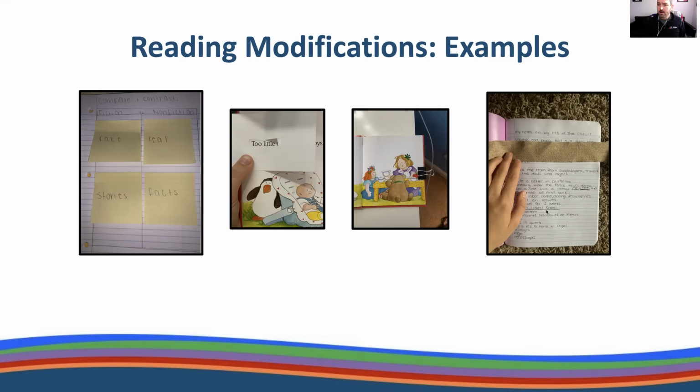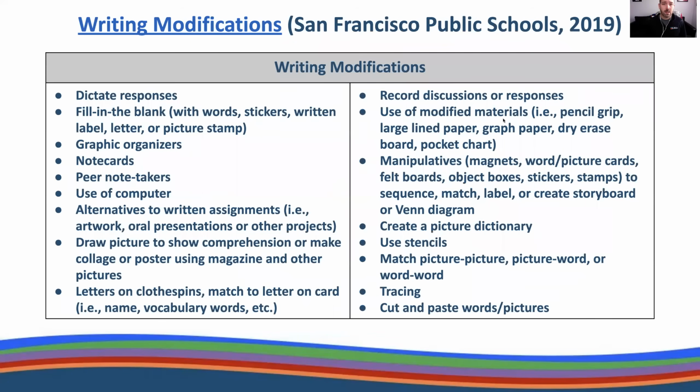On this image on the far right, you have notes from class, and then they're using a ribbon as a bookmark to just slowly go down and see the text. So again, it's not too overwhelming with as much text on one page. So very simple. These can be made with things from around your house in a modification bag. So these are just some ideas of things that you can do to make modifications.